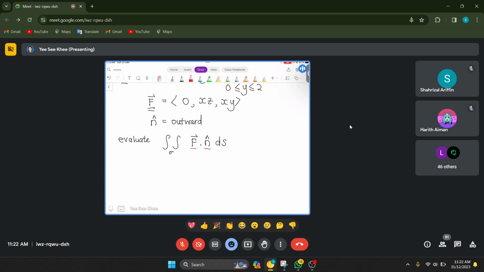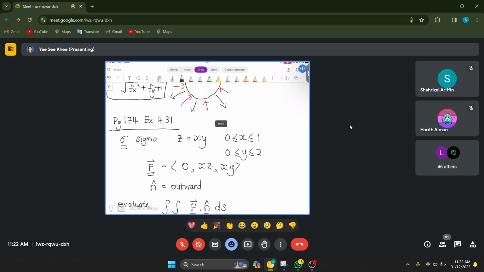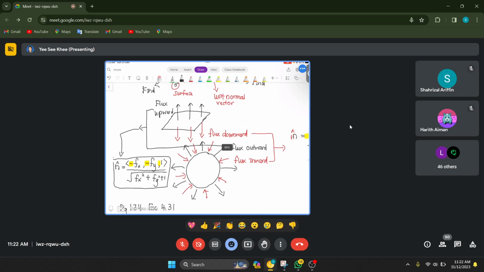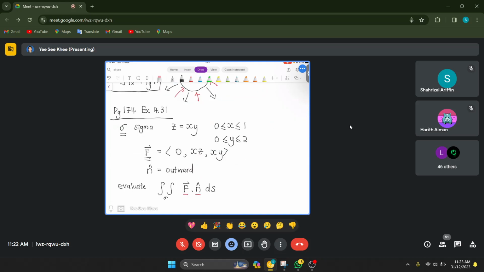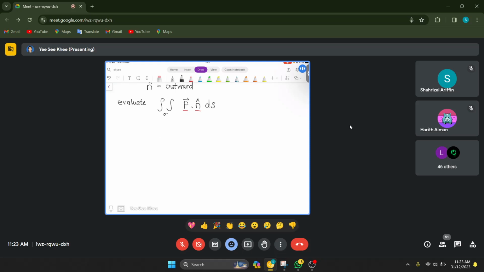Which formula should we use? It's outward, the black color one, so we should use this formula. I will write down the formula first so you know what you want to do next.